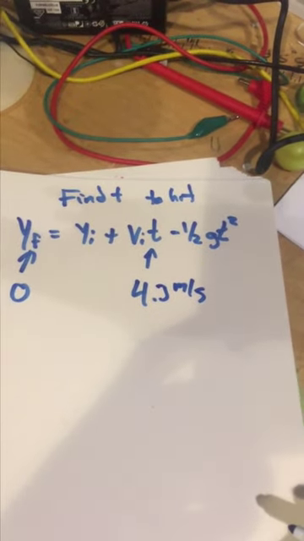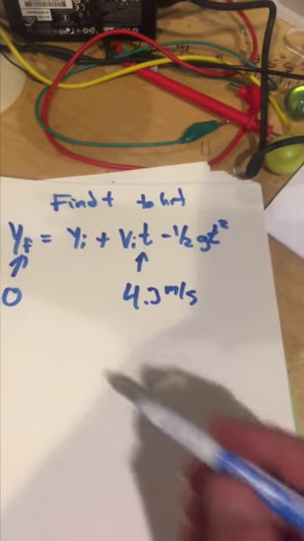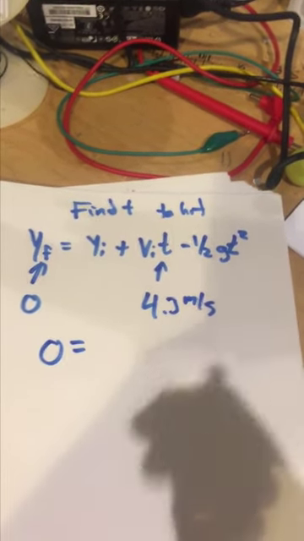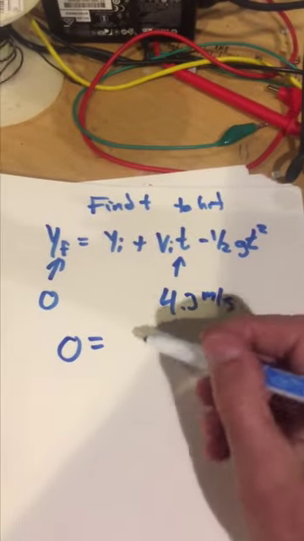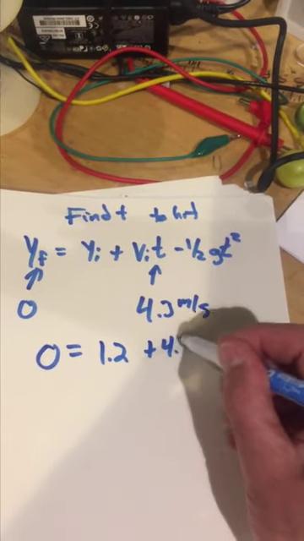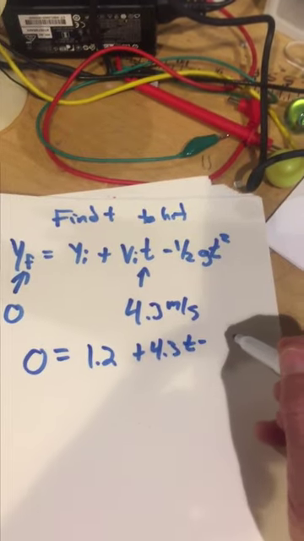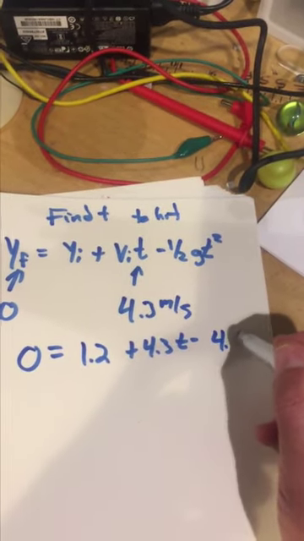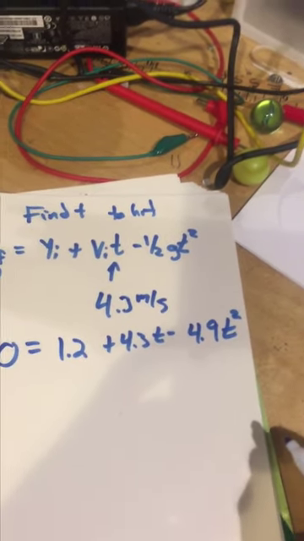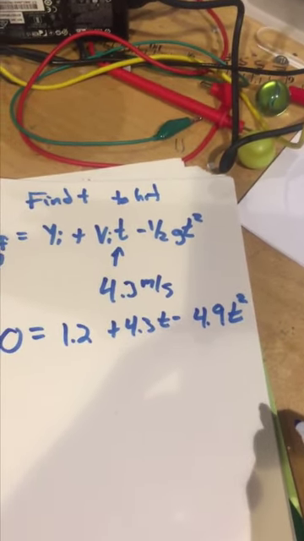All right, so let's go ahead and do our calculation. So 0 is equal to our initial height, which I said was 1.2 meters, plus 4.3t minus, all right, I'll go with 9.8, minus 4.9t squared. Rather than 5, I'll go with this. Definitely need a calculator to solve this.